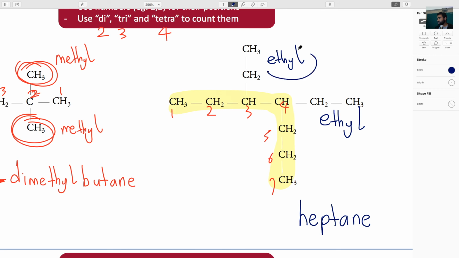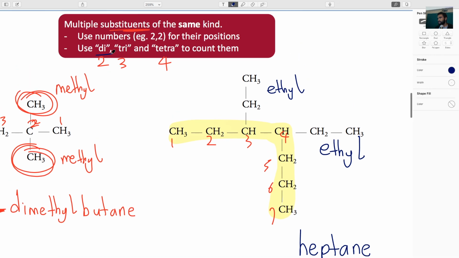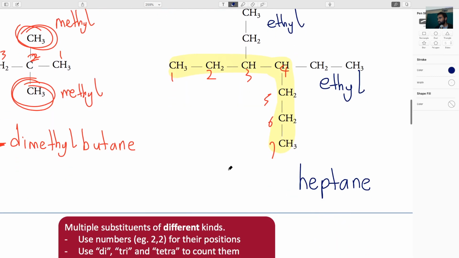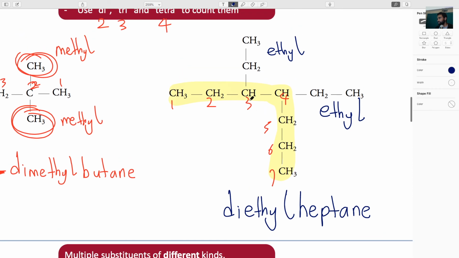So if we have 2 ethyls, what does it say up here? It says use di, tri, and tetra to count them. So that's going to be diethyl heptane. And we need to give the addresses. The addresses are 3, 4. So 3,4, and then hyphen diethylheptane.